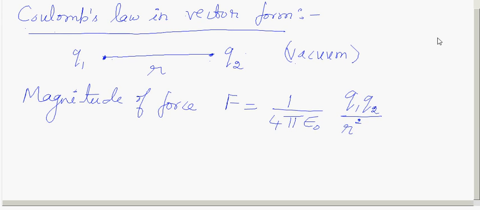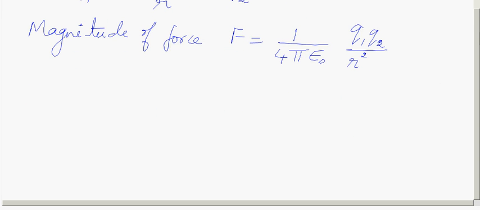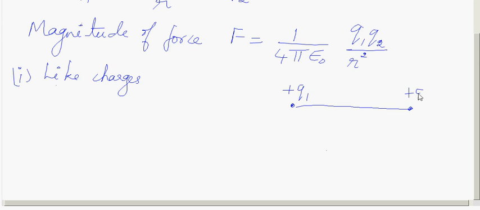Now first we'll write the vector equation for like charges, and then we can go for unlike charges. Like charges. Let us take 2 charges are positive, plus q1 plus q2.